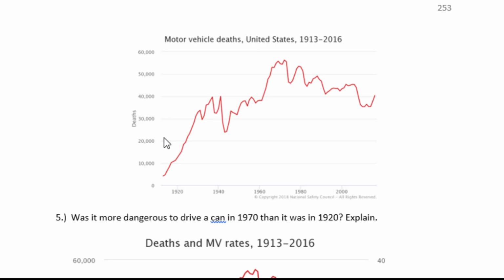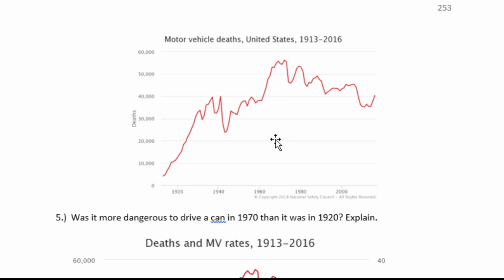These problems 5, 6, 7, and 8 are more reasoning problems. So here we have motor vehicle deaths from 1913 to 2016, so over 100 years. Was it more dangerous to drive a car in 1970 than it was in 1920? Explain.